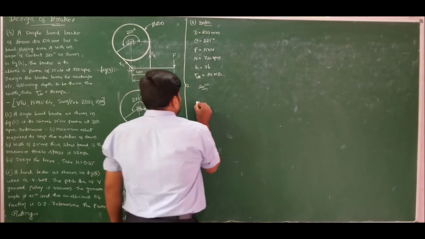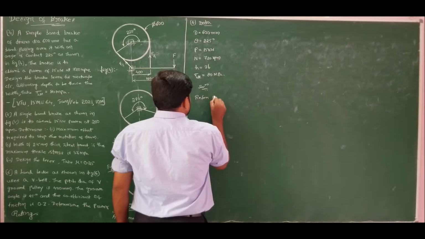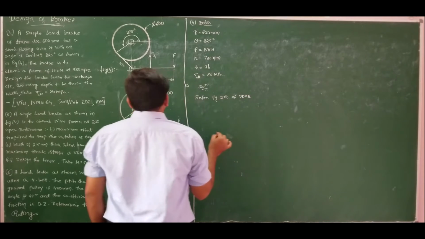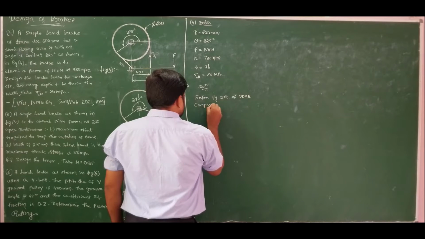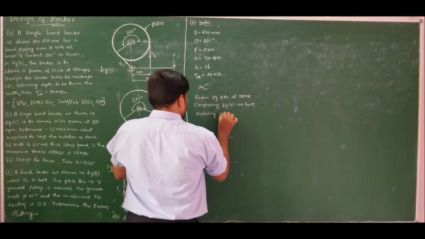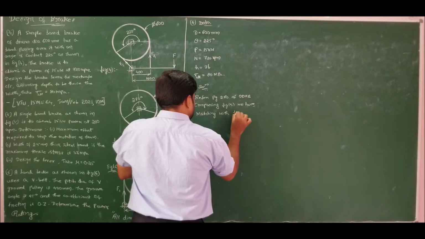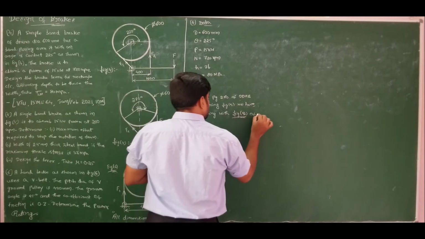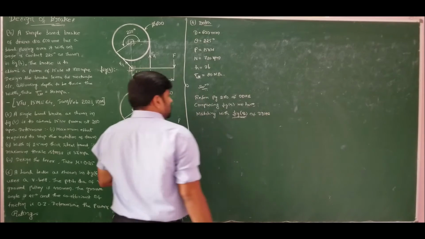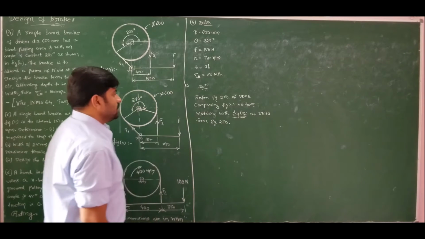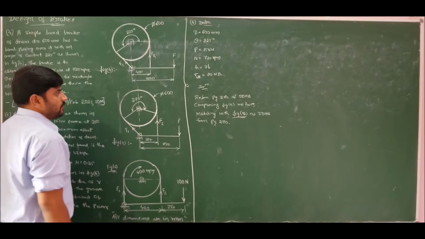Referring to page number 270 of our design data handbook and comparing the given sketch, figure 4, in page number 270, if I match the given problem, it is matching figure E.